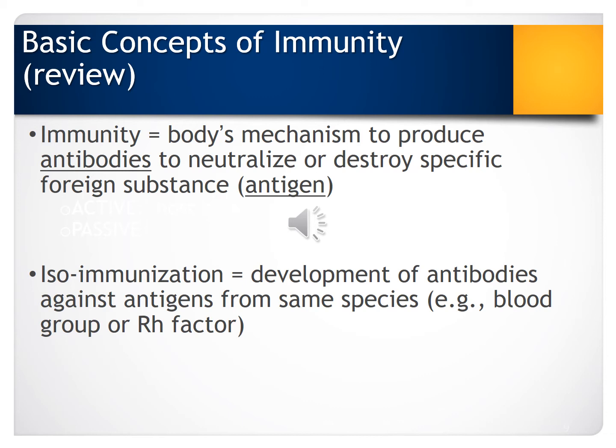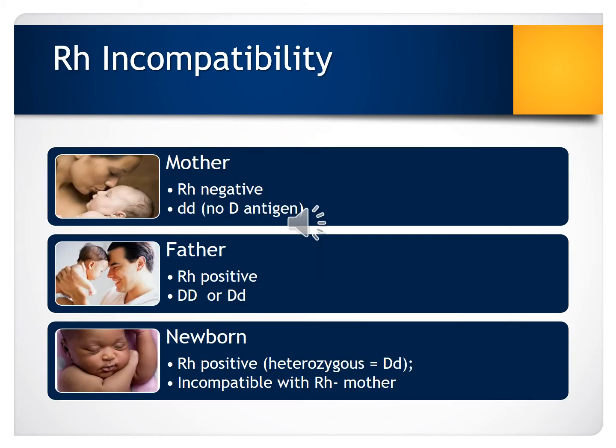Okay, so knowing what an antigen is, a foreign substance, knowing that immunity is when the body develops antibodies against these antigens, and then isoimmunization is developing of antibodies against antigens from the same species. So we'll talk about blood types when we talk about ABO incompatibility, A blood, B, AB, and O blood types later.